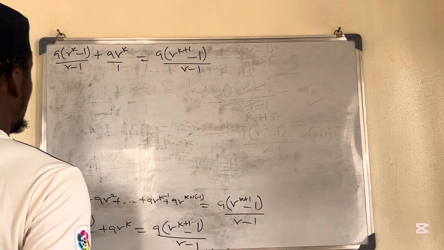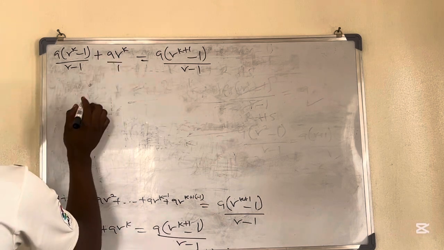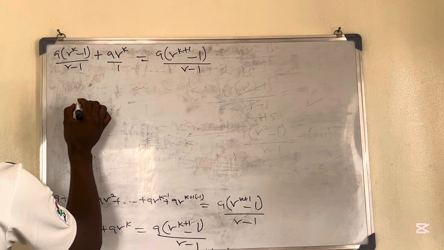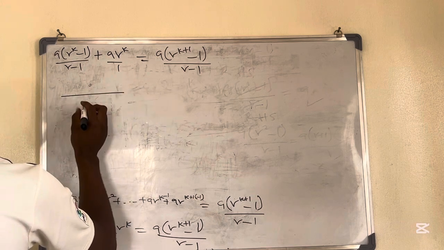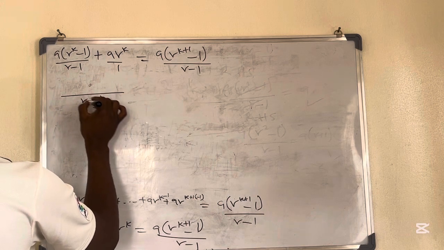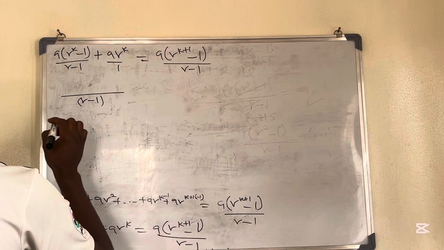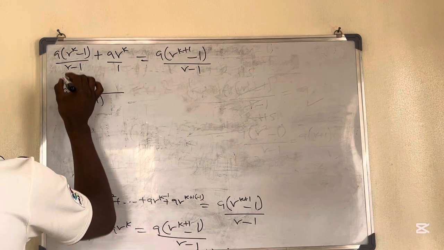So now we're just going to look for our LCM. Since this is a fraction with an addition sign in between, our LCM now is r minus 1. R minus 1 divided by r minus 1, we have 1, so we multiply 1 by everything here.